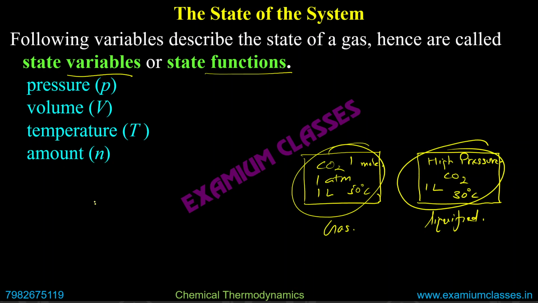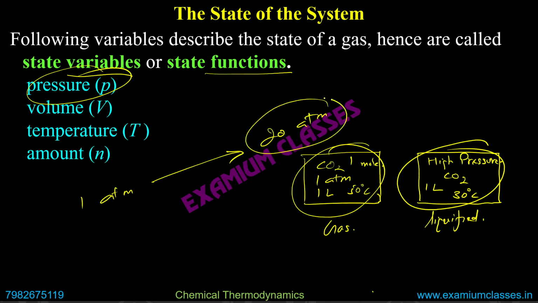So if I change the pressure from 1 atm to 20 atm, say, it will not depend on how I did that. If I apply very high pressure here, the state will change. Whether it changes in 1 minute or in 1 hour, that does not matter. That will not decide the state.